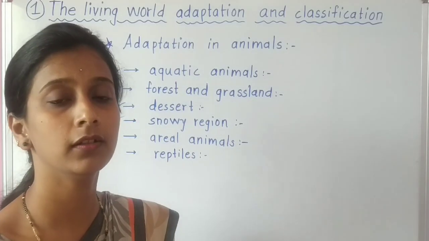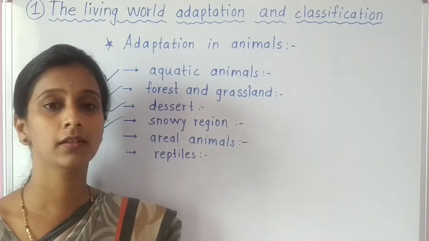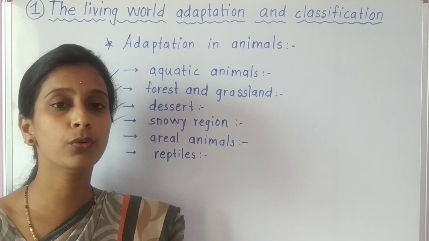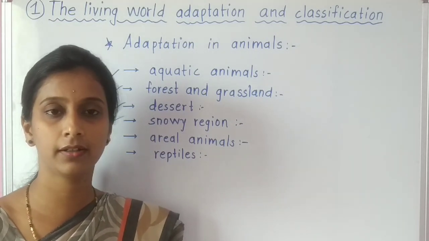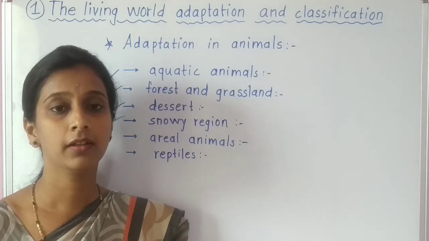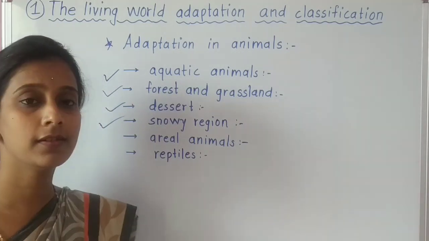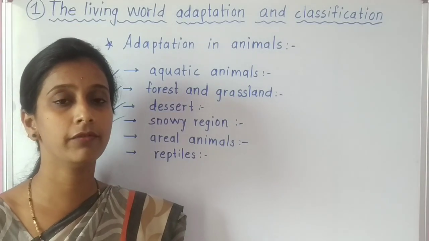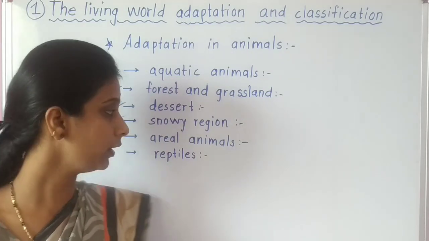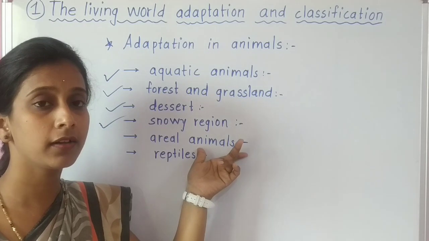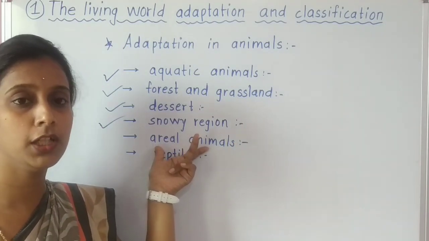One more important change in the body parts of aerial animals is their bones. Their bones are hollow. Due to that they have less weight, and as they have less weight, they can fly in the sky very easily. So this is another adaptation: they have hollow bones so that they have less weight. This type of adaptation takes place in the bodies of aerial animals, mainly birds.